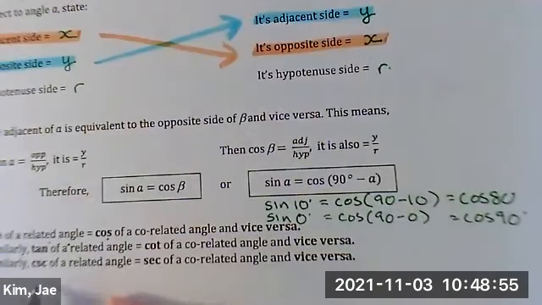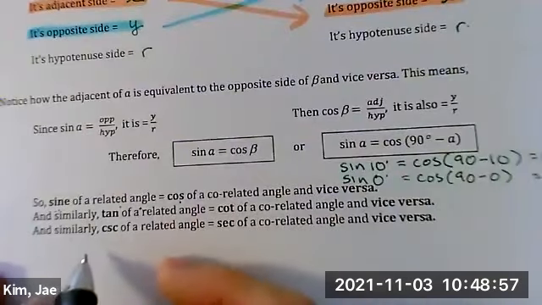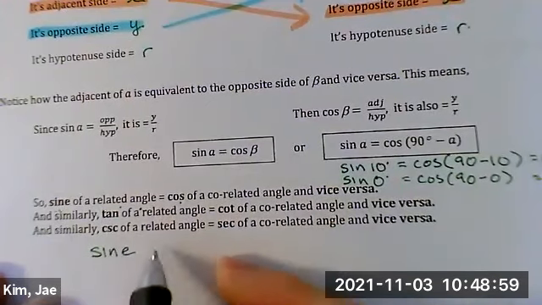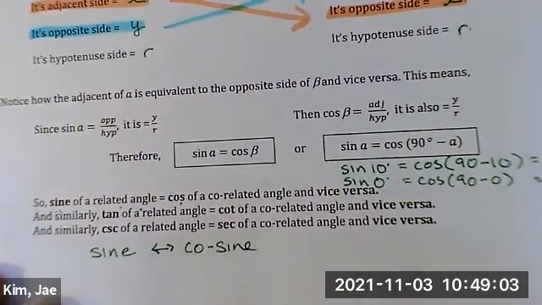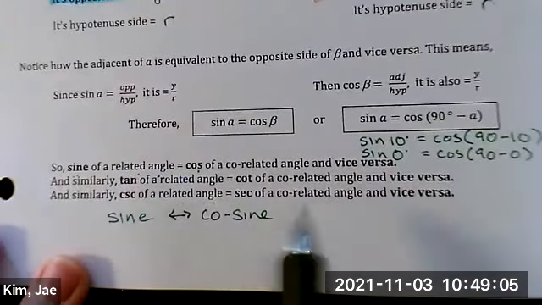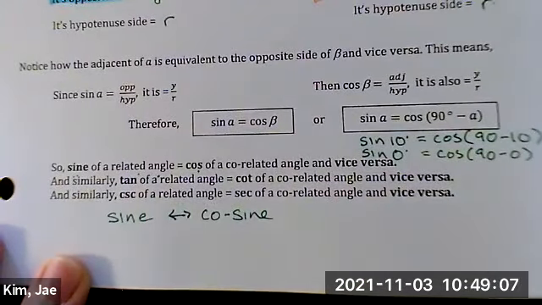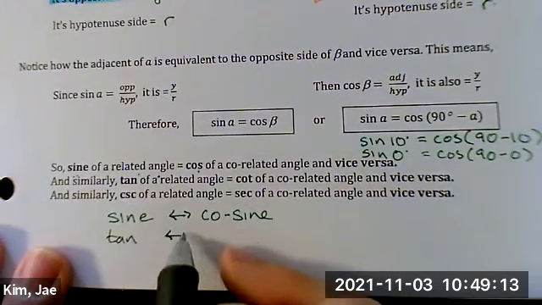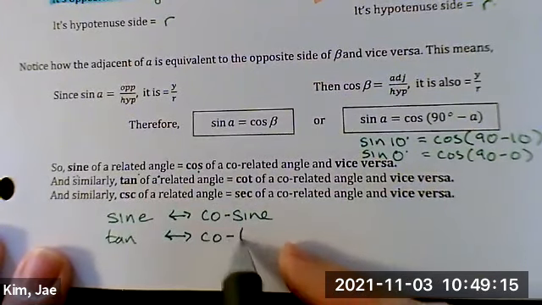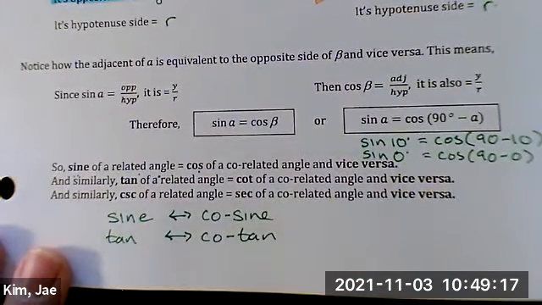So you can say sine and cosine, right? They're the same as long as the angles are correlated. Tangent and cotangent, they have the same answer if you're using correlated angles.